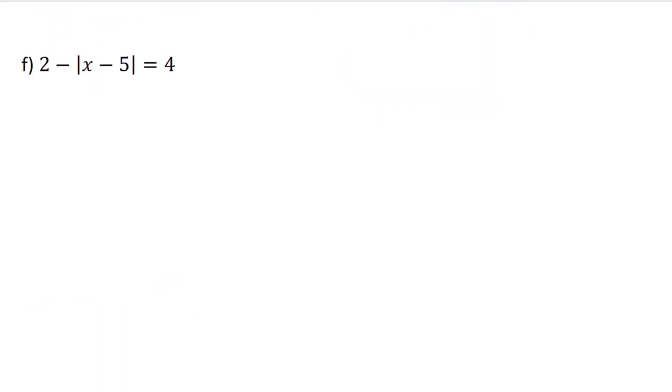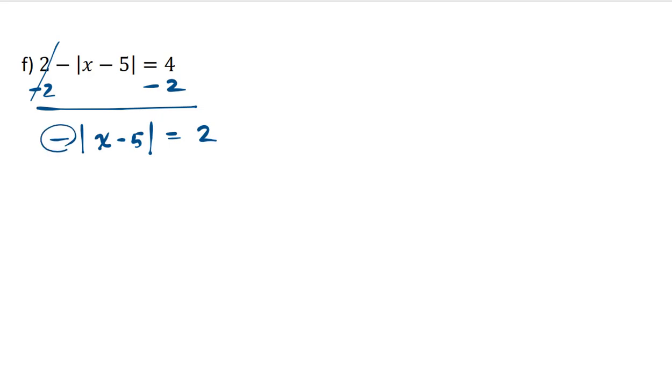So on letter F, solve this absolute value statement. Let's start with subtracting 2 from both sides, leaving us with a negative absolute value of x minus 5 is positive 2 now. Divide everything by a negative.